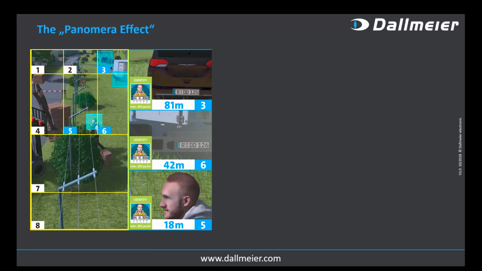In this example, we have 3 sensors covering the very back of the area, numbers 1 to 3. We have number 4 and 5 covering that next level, and sensor number 6 and 7 covering the front area. And then there is an 8th sensor that covers the whole area again and creates kind of the overall layer.